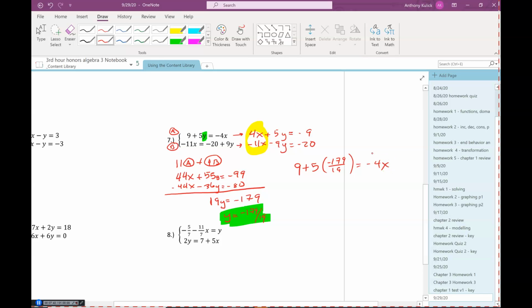So that's 5 times negative 179, which is negative 895 over 19.